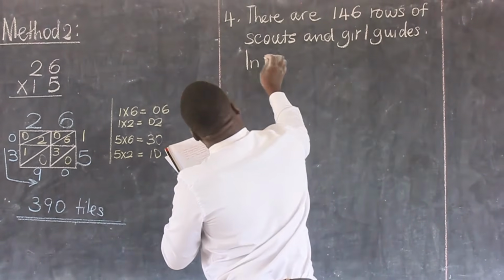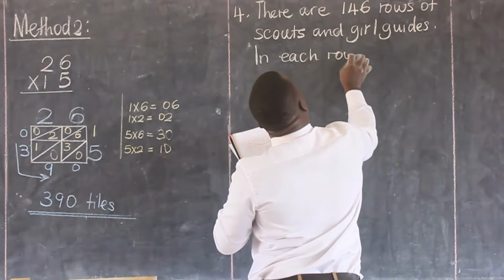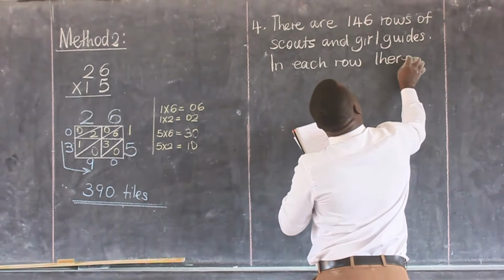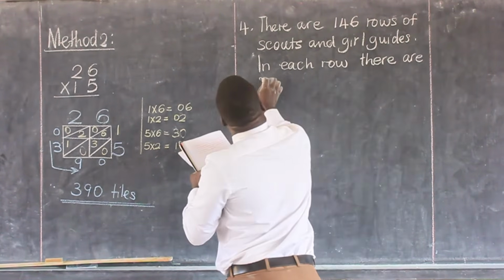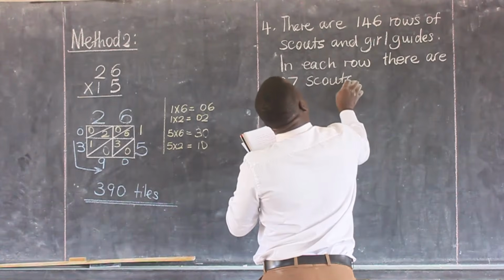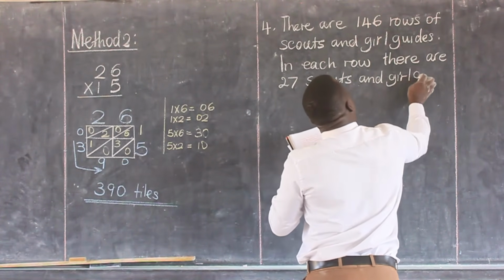In each row, there are 27 scouts and girl guides.